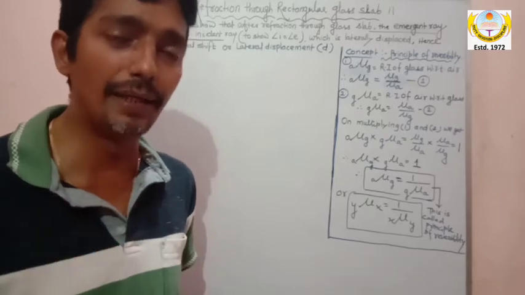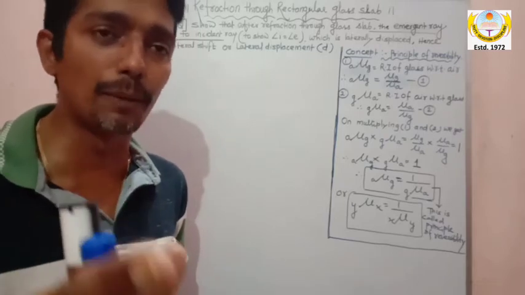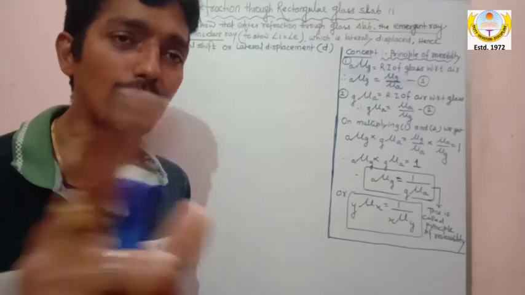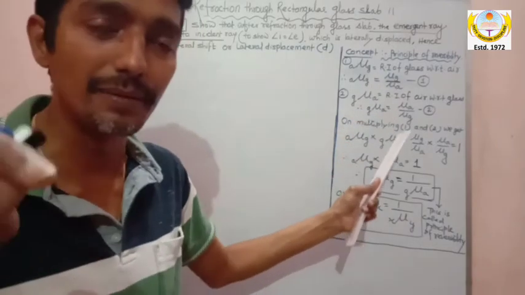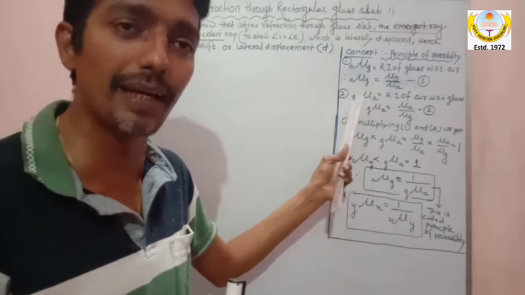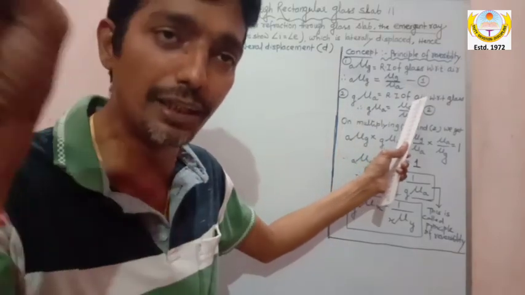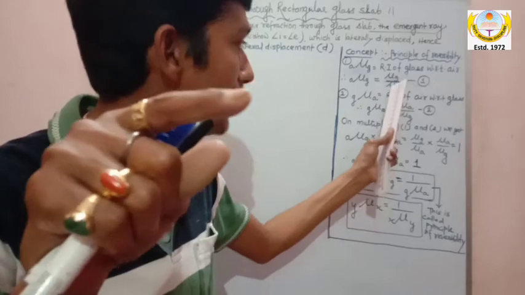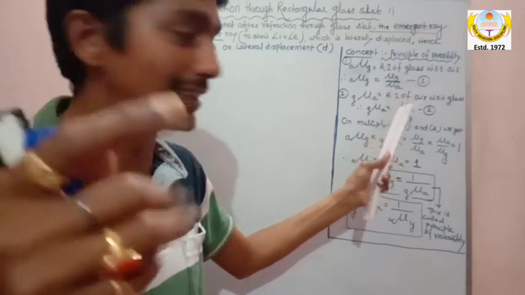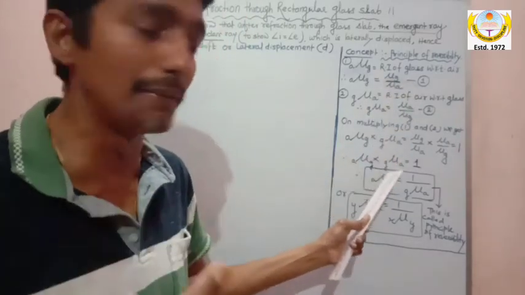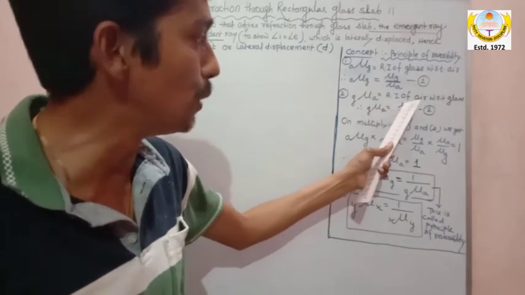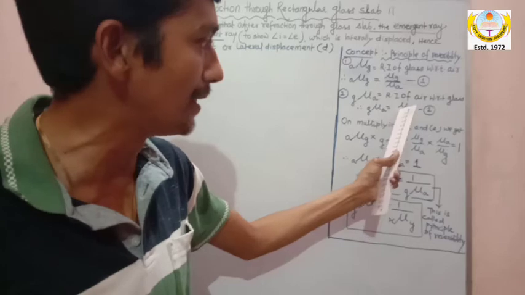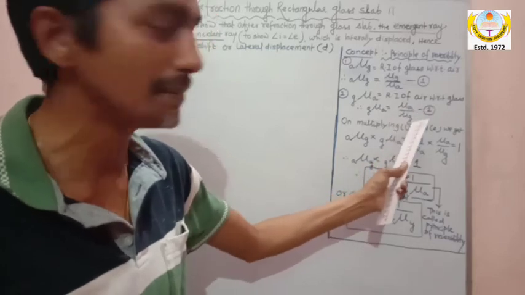In my earlier video, which was uploaded on optical density and cause of refraction, I have given these ideas, how they are written. Mu of g with respect to air can be written as mu of g divided by mu of air. Please, I have given all these things in my videos earlier too. While writing mu of air with respect to g, how will you write? Mu of air divided by mu of g.